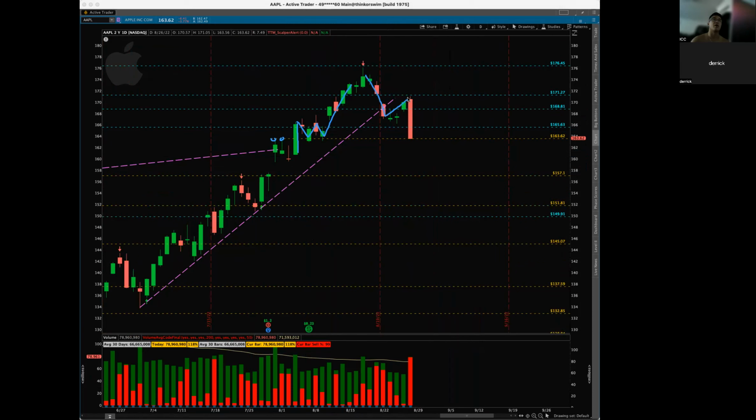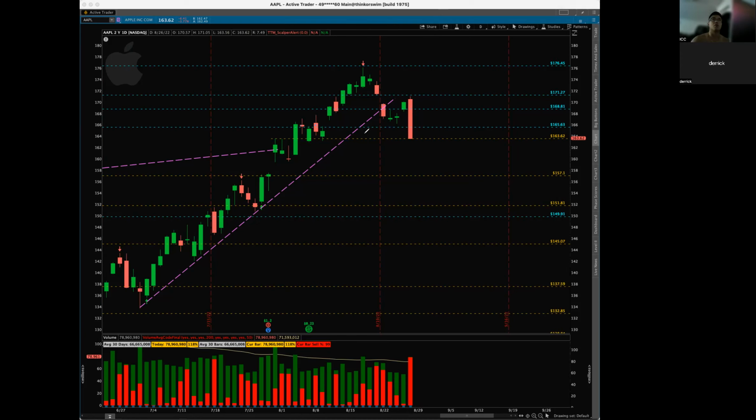Now that we had our second leg down right here, we closed at this area where we saw a lot of indecision from buyers and sellers. However, because we are still above this particular level, you don't want to be biased in any direction yet. You want to wait for confirmation.